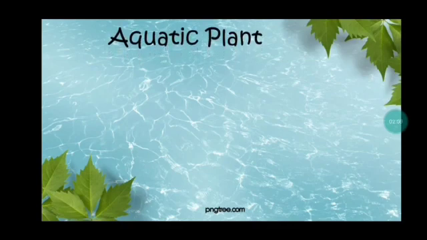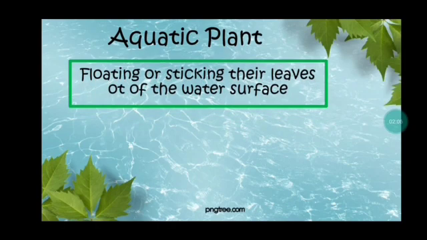And then the next, just now climbers and creepers happen to the land plant. How about the aquatic plant? What are their adaptations to get enough sunlight? For aquatic plants, to obtain enough sunlight, they just float or stick their leaves out of the water surface.